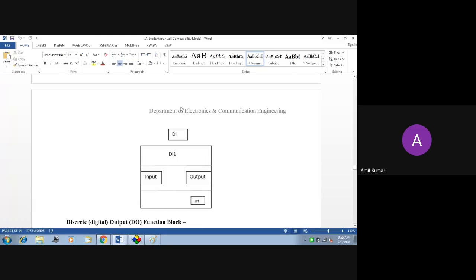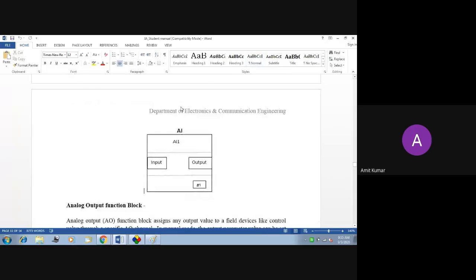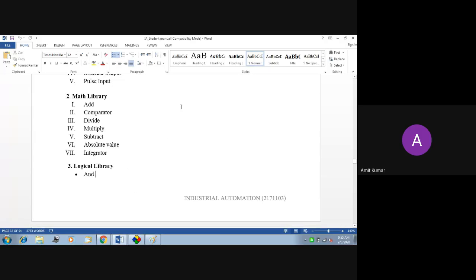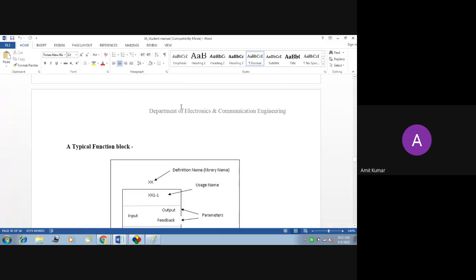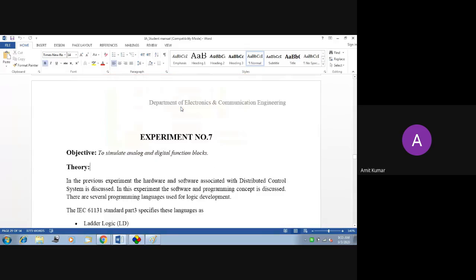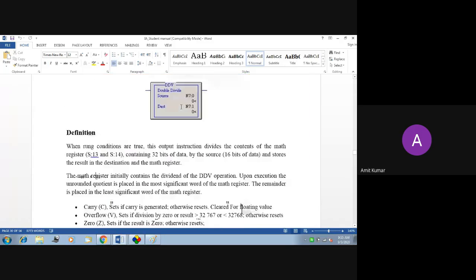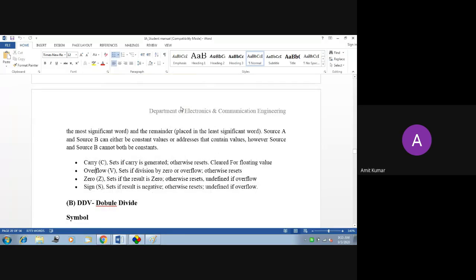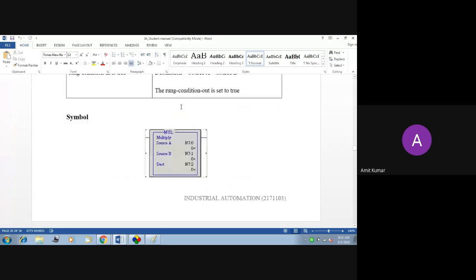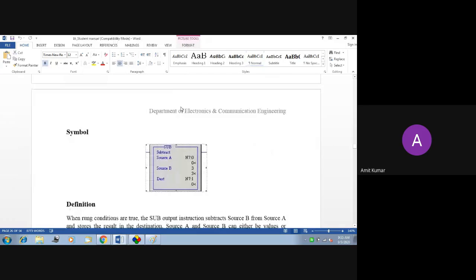So in the next lab we are going to conduct different types of mathematical and logical operators. So multiply, division, add, subtract, then AND, OR, NOT, these types of different operations we are going to see. So this is all about the next lab.